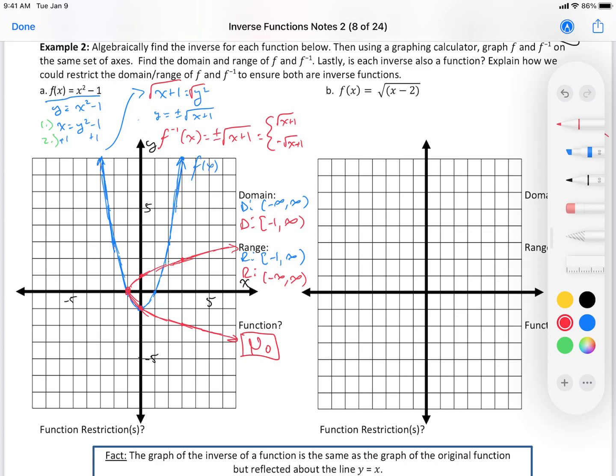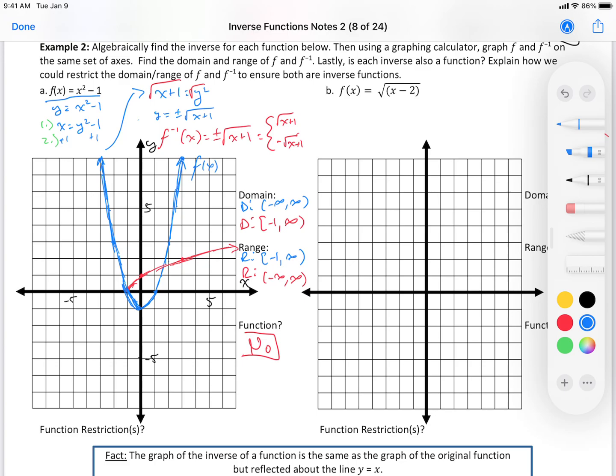Basically, the question is, if I got rid of the negative square root of x part down here, and I just had this function, that one would be a function, but the problem is these two wouldn't be inverses, would they?